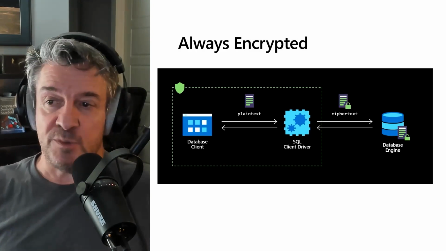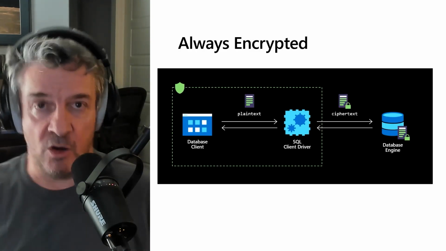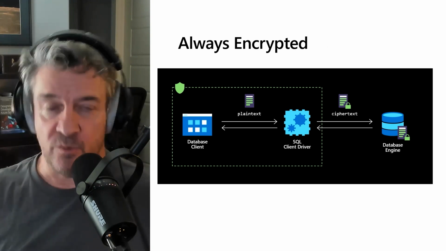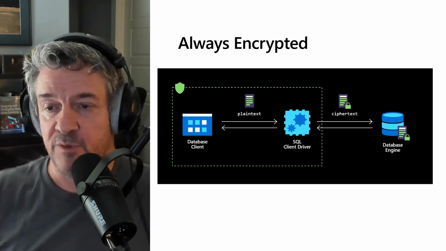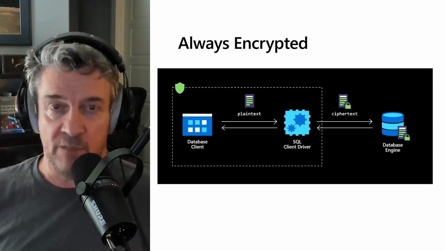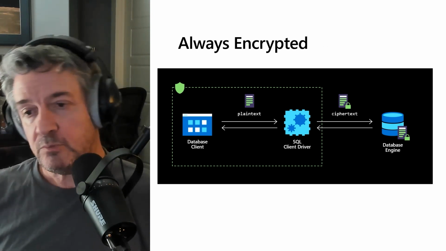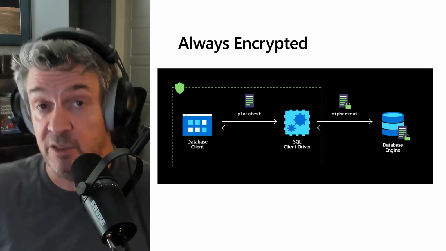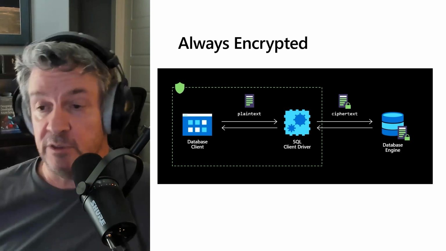So here's what Always Encrypted without enclaves looks like. Bear with me as I walk through the process. Let's say you've got some sensitive data, a column, say a social security number, which really should be national identity number, by the way, and that sounds cynical, but let's be real.